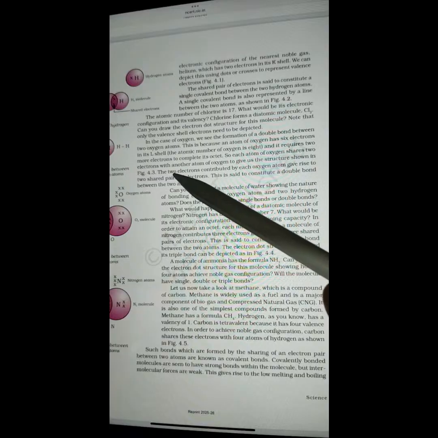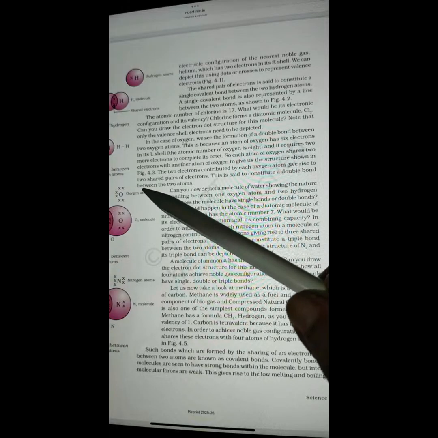In the case of oxygen, we see the formation of a double bond between two oxygen atoms. This is because an atom of oxygen has 6 electrons in its L shell. The atomic number of oxygen is 8 and it requires 2 more electrons to complete its octet. So each atom of oxygen shares 2 electrons with another atom of oxygen to give us the structure shown in figure 4.3.